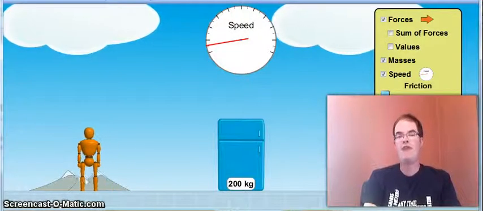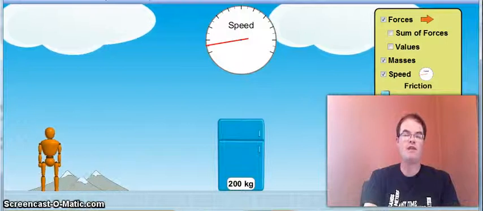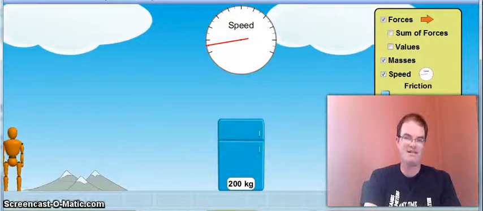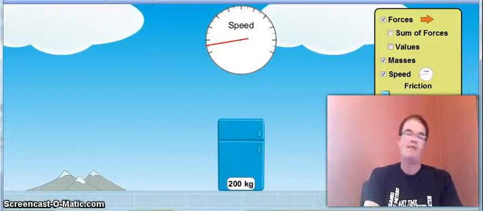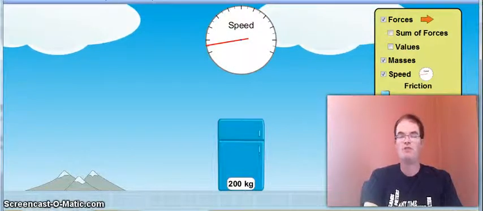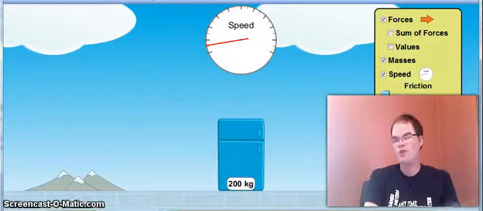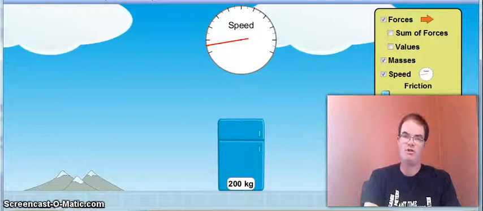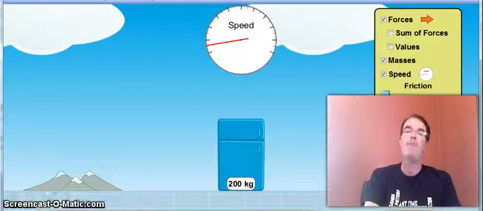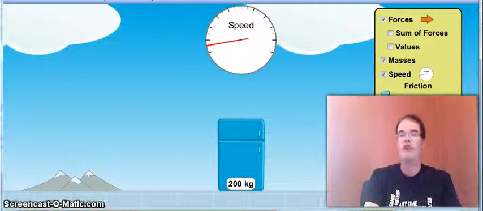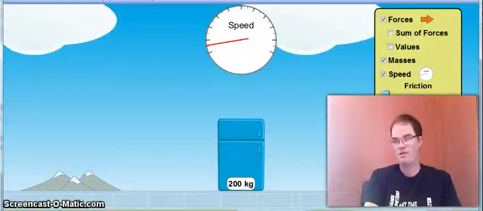What we seem to have here is a relationship between the mass and the force. More massive objects tend to resist a change in their state of motion more than objects of less mass.